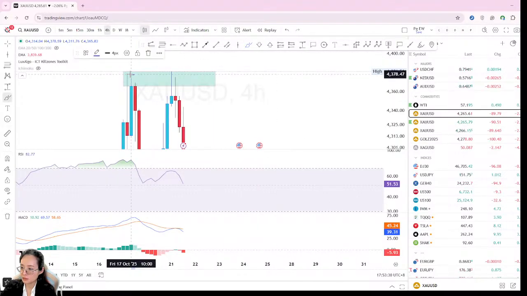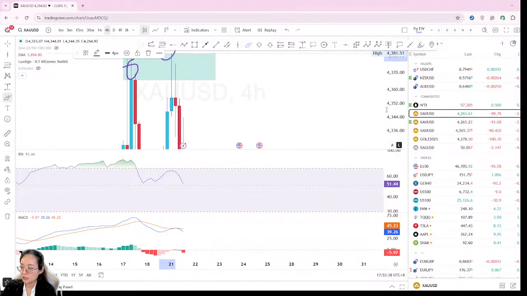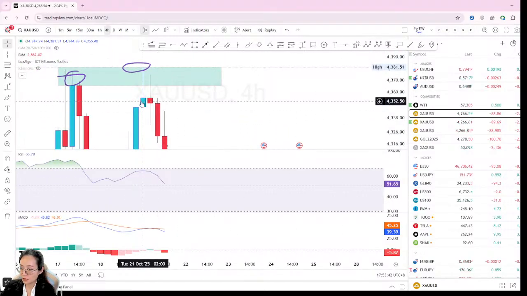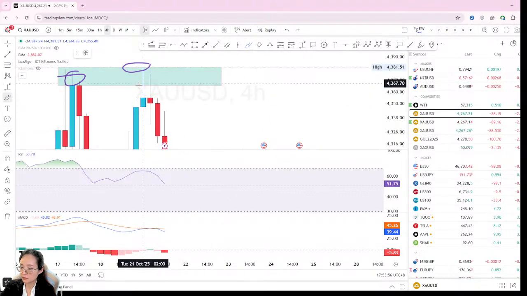They just cleared this liquidity and made the new high at 4381 and closed with price action. If you want to read this candle, it means the selling pressure pushed the price all the way down here, more than 50% of the candle. Okay, 50% of the candle here.